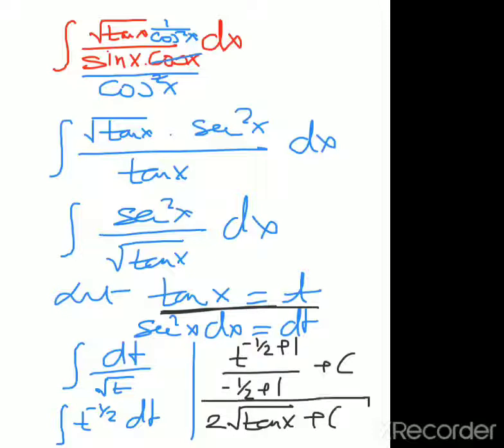So this will be the answer of the above question. So I suppose now we will be able to do all these questions. One more example I'm going to take that will help you to understand the topic a little better.